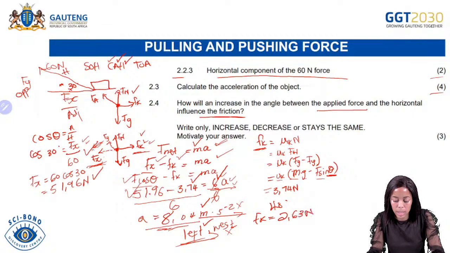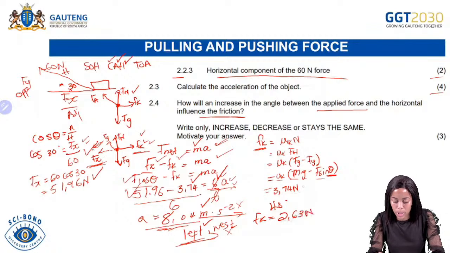So this 2.63 Newton, what does it mean? It means that the kinetic friction will decrease, because that's the first thing that they're asking you. They are saying you need to write only increase, decrease, or stays the same, and then you motivate your answer.